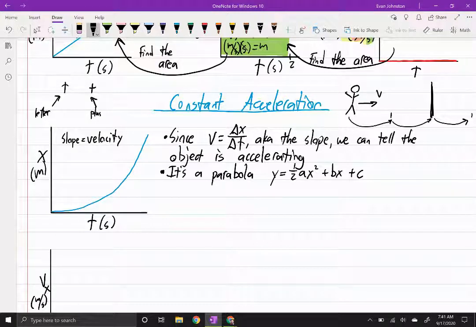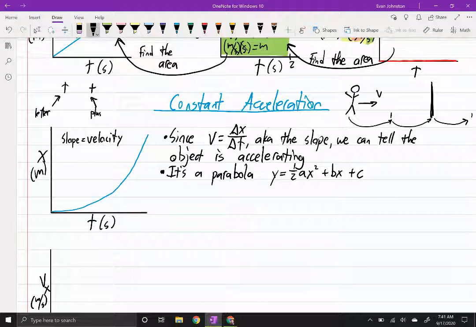We have different, conflicting symbols. Your math teacher uses x in this equation to mean whatever is on the x-axis. But the weird thing for us is the thing on our x-axis is time, so these really should be t's. And then the thing on our y-axis is the position or the displacement, so x.